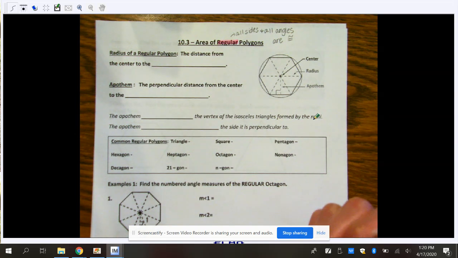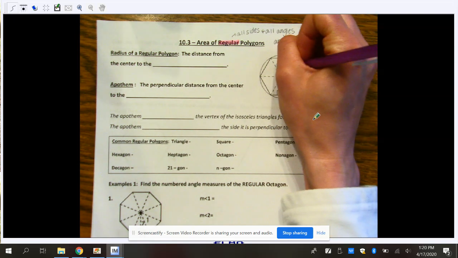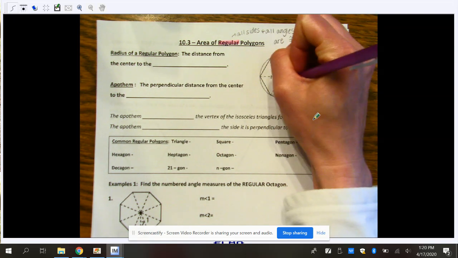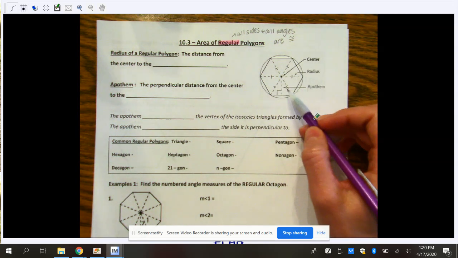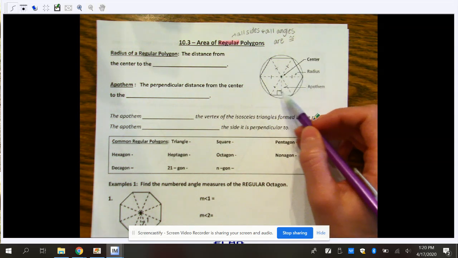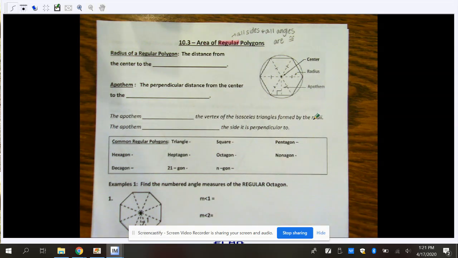And all radii in circles are congruent. And so what that does is that takes all of these segments and it makes them congruent. And so we have now a bunch of isosceles triangles in our polygon.